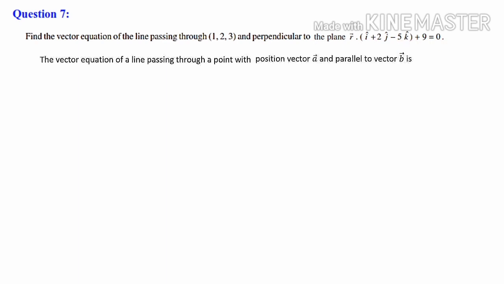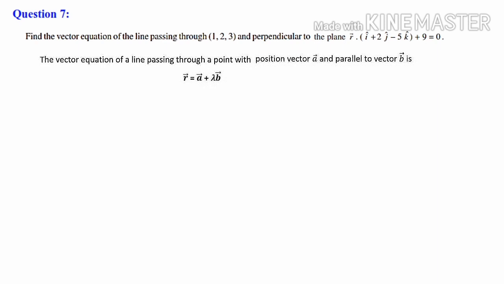So let's recall the formula. The vector equation of a line passing through a point with position vector A and parallel to a vector B is: vector r is equal to vector A plus lambda into vector B. This is the equation we know. We have to connect this with our given question.